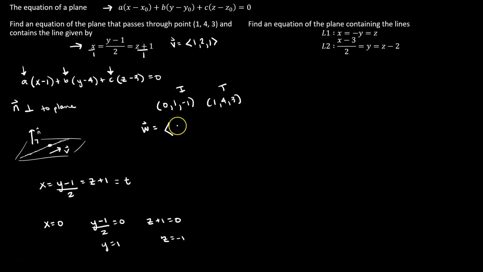So I'll have 1 minus 0 for my x component, 4 minus 1 for my y component, 3 minus, sorry, minus negative 1 for my z component. That's my second vector. So we're going to find a vector n that's perpendicular to the plane by crossing the vector v from the line with the vector w we just created using 2 points in the plane. We'll use our 3 by 3 matrix to calculate that.